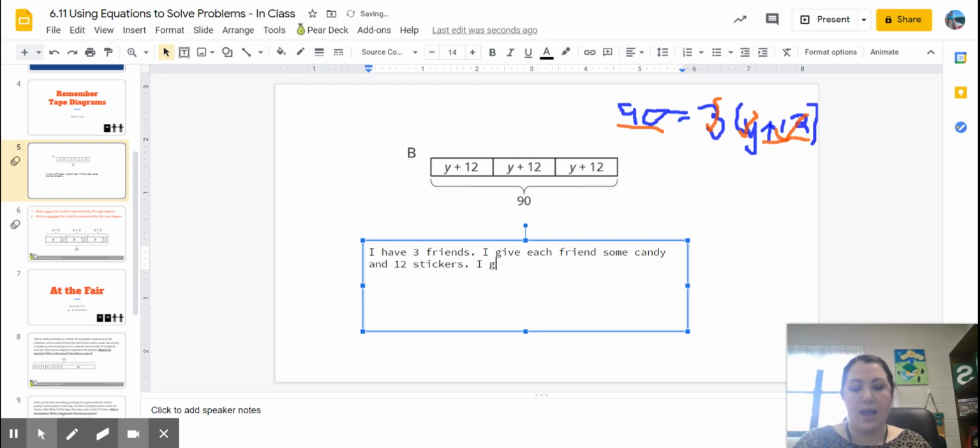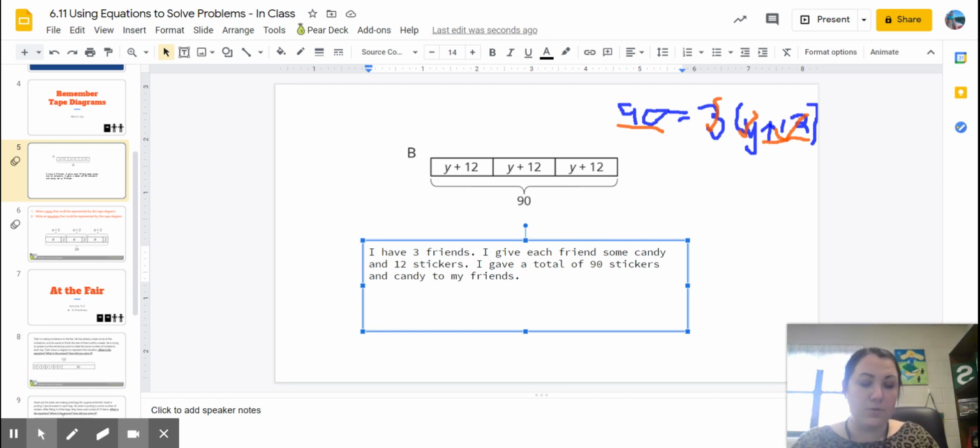So I gave a total of 90 stickers and candy to my friends. And now I can just leave it at that. If I want to, I can put the question, but I don't have to because it's really implied here. We know how many friends we have. We know the total. We know that each friend got 12 stickers, and really we're trying to figure out some candy.